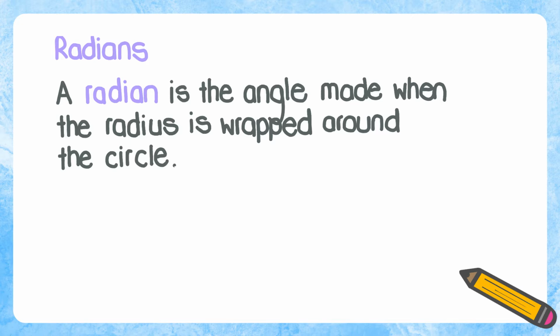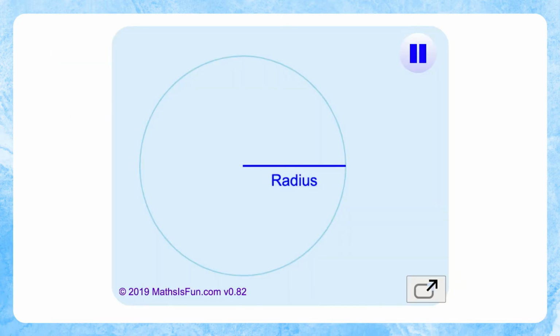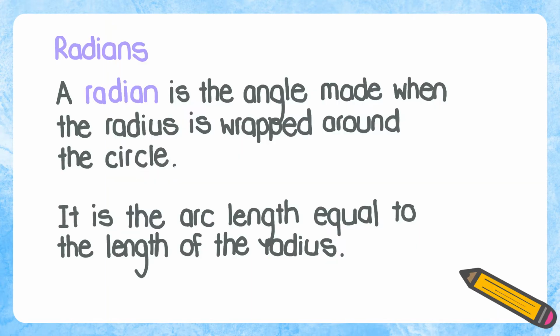What exactly does this mean? So here's a fun visual. Notice how the radius wraps around the circle. This creates an angle, and the measure of this angle is 1 radian. So the radian is basically the arc length equal to the length of the radius.